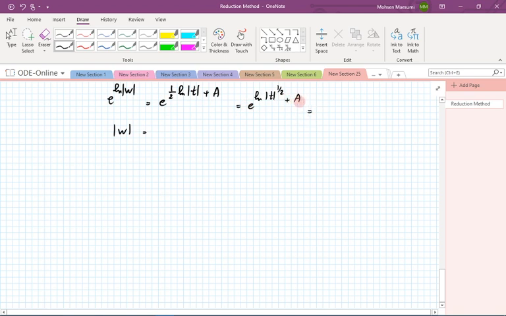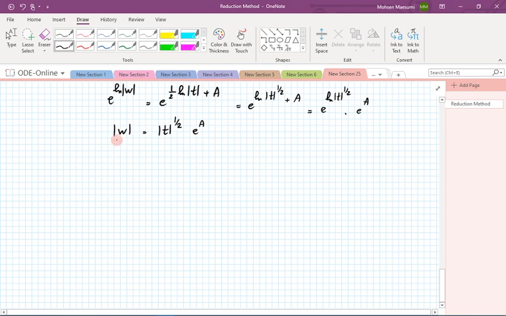Remember the exponents, when you want to separate them, they turn into multiplication. A common mistake for the student is to write addition here, but no, it's a multiplication. Okay, this one becomes t to power of 1/2 and then times exponential of a.